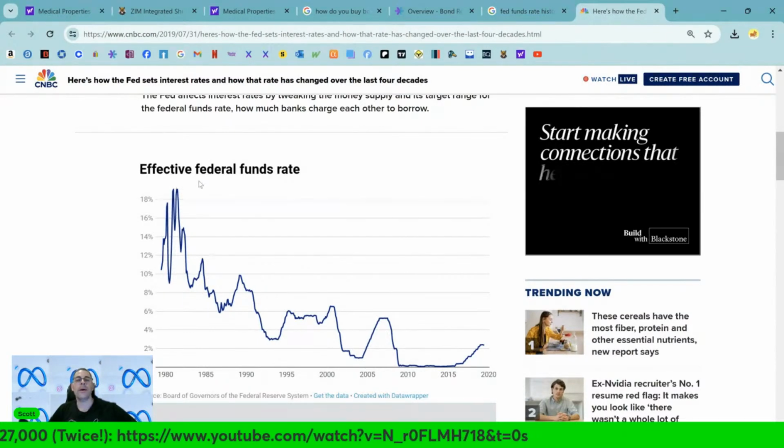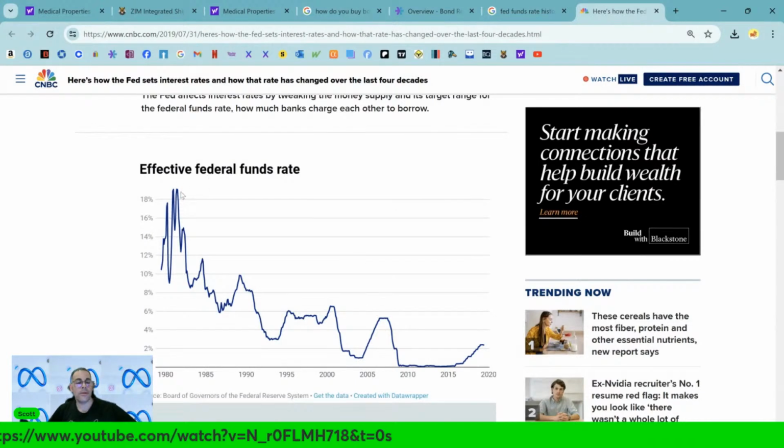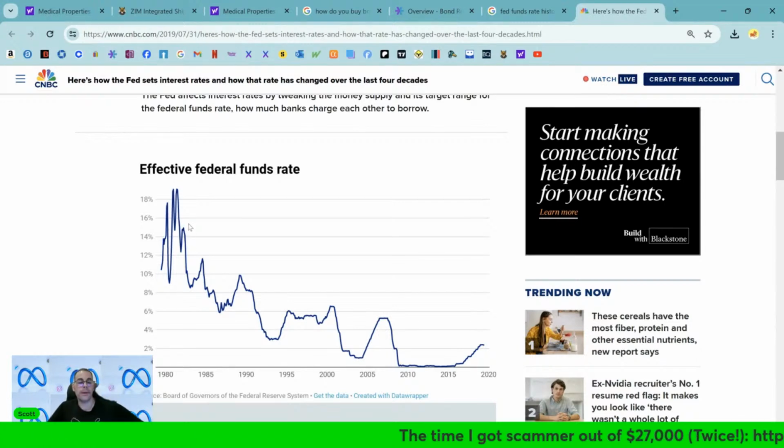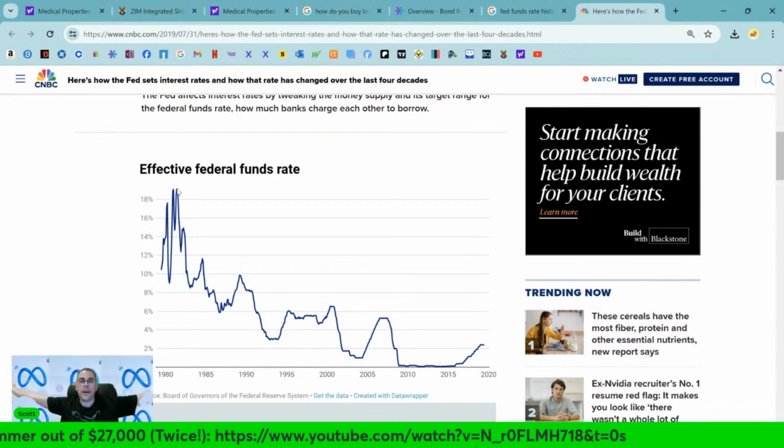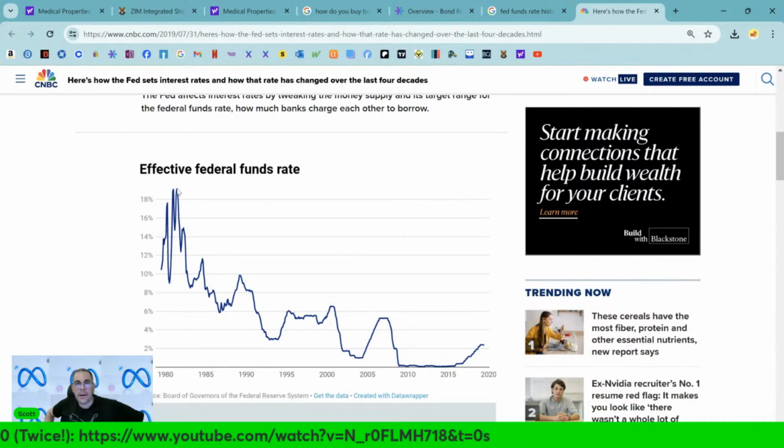So if you somehow could have gotten a lot of money scrounged up and put it into a 30-year CD, you could have been like a billionaire, because 18% annual, every year, and it just keeps compounding.